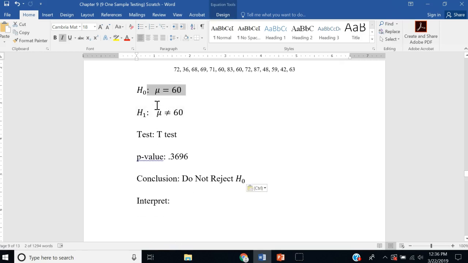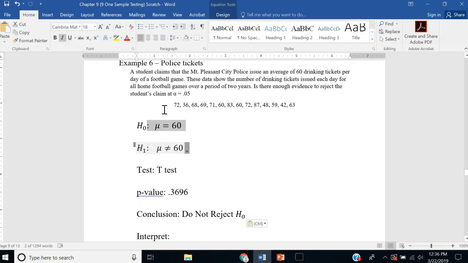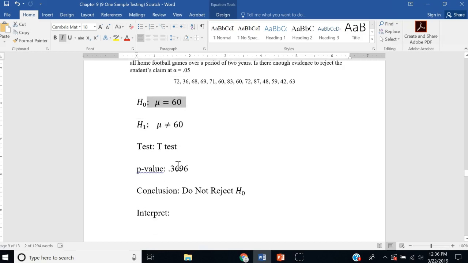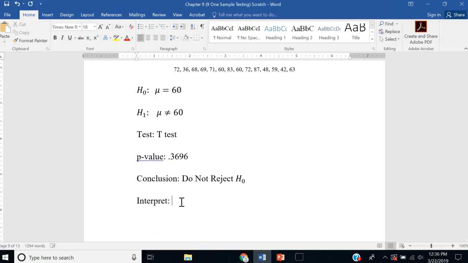So the average number of speeding tickets issued per game day is close to 60. Number of, I'm sorry, not speeding, drinking, right?